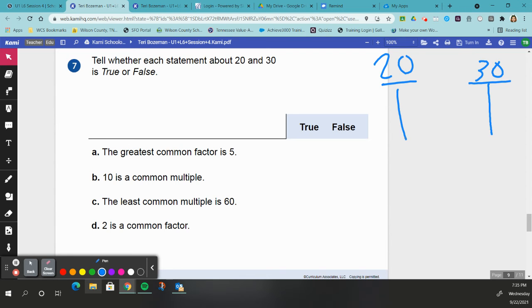We know that 1 times 20, 2 times 10, 3 is not a thing here, 4 times 5, and then we don't have 6 or 7 or 8 or 9, and then we get back to 10. For 30, we have 1 times 30, 2 times 15, 3 times 10.